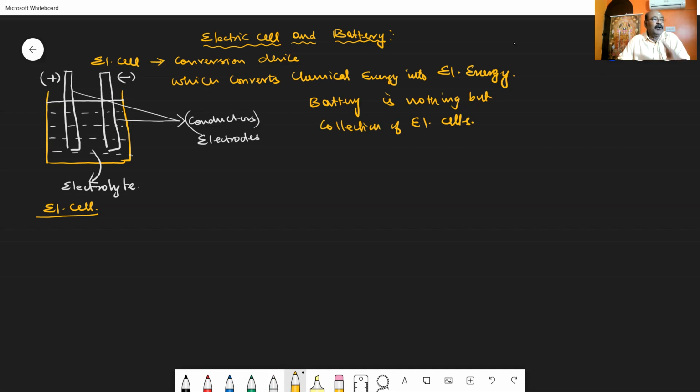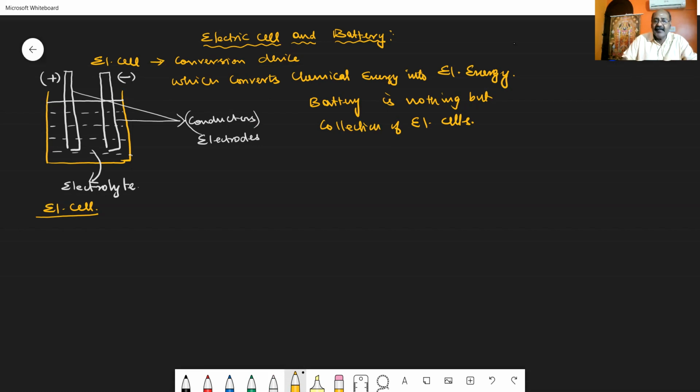Now, when an electric cell or a battery is connected to an electric circuit, there is a flow of charges in that circuit. Generally, electrons flow from the negative terminal to the positive terminal, so the current flows from the positive terminal to the negative terminal.